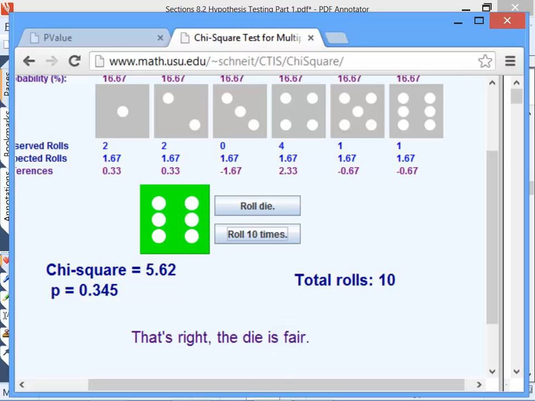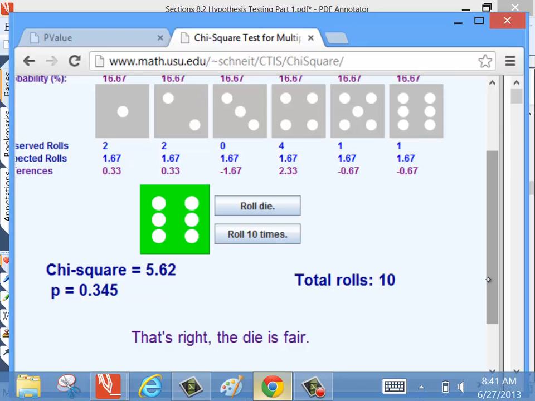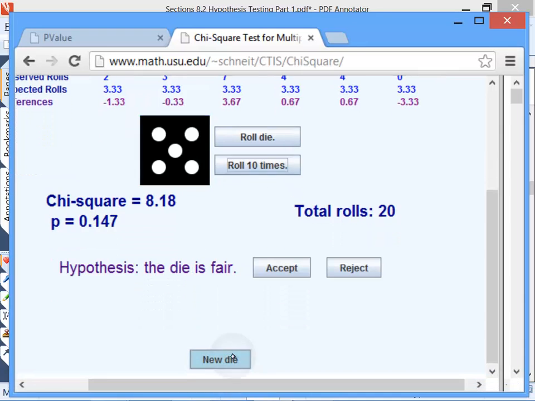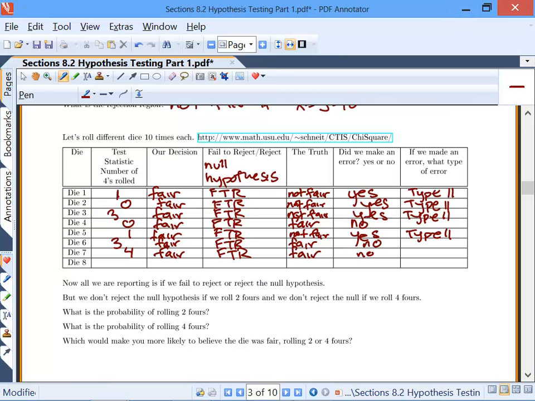And we were right, the coin was fair. So no error was made. So we weren't able to find any type 1 errors here, but that's okay.